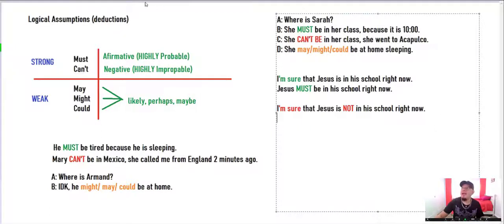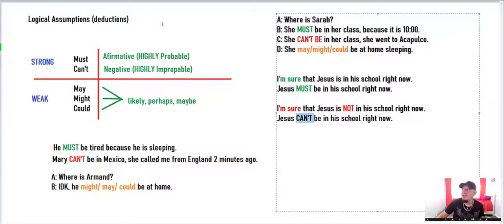Then I rephrase my sentence by saying Jesus, and then the modal verb, can't be in his school right now. That's what you have to pay attention to. What these modal verbs express.